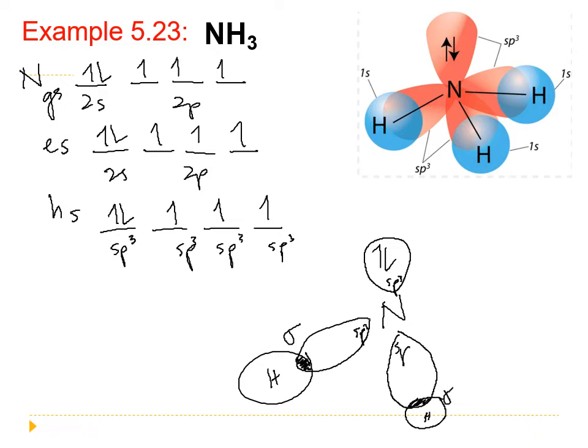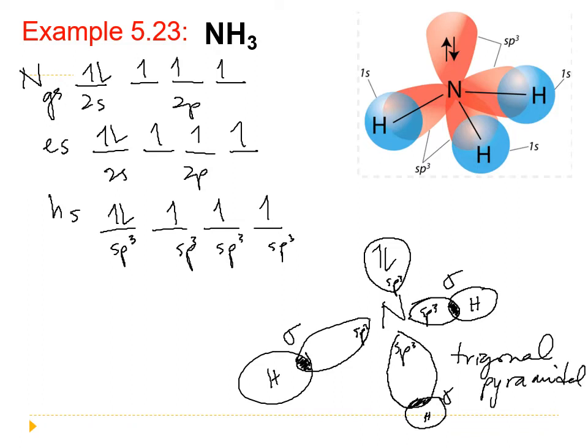Sigma, this is the wedge line, and this one is the line that you cannot see going away from you. So it is smaller. Oh, that one is not really correct. So I'm going to draw the hydrogen atom again. Yes, this is the s orbital of the hydrogen atom. This is the sigma bond. So we can see that this shape is the trigonal pyramidal of ammonia.